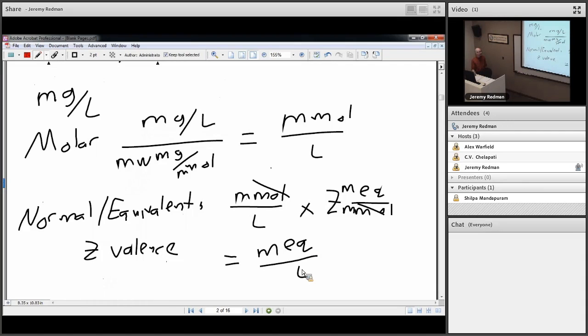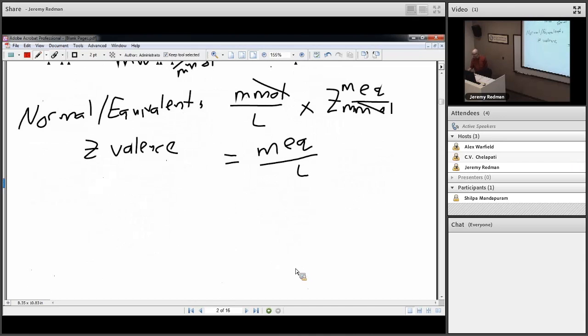Equivalent units are useful, and we talk about them a lot when we talk about hardness and alkalinity, which we'll get to in a few minutes. So molar units are important. Equivalent units are important. We can convert directly from mass to equivalence by using the concept of the equivalent weight.